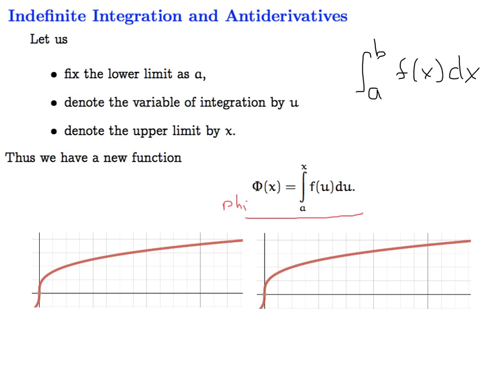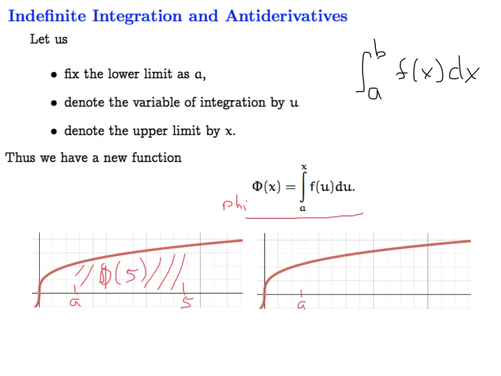The key is to make sure you think about this thing really as a function, and you can think of it as a function that sort of picks up change. So for instance, if over here we start at a, so a will be the same on both of these, but over here say I went out to, let's just give it a number, 5. This area in here represents the integral, phi of 5 would give you this big area.